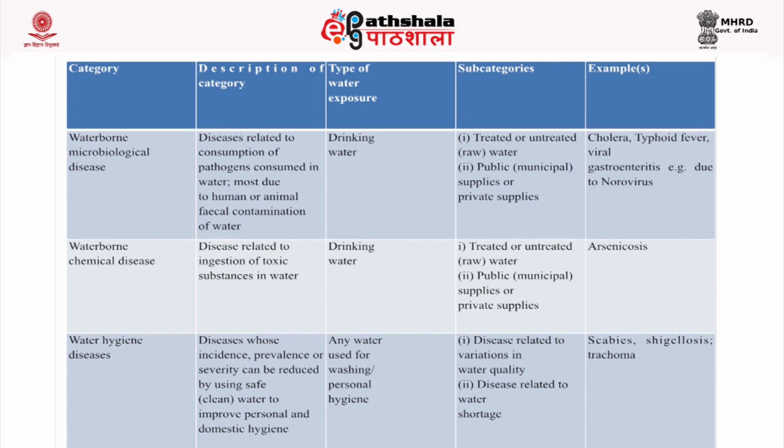The first category is waterborne microbial diseases. These diseases occur due to exposure to pathogens consumed in the water due to human or animal fecal contamination of the water, and exposure to this water is from drinking water in the form of treated or untreated water, or from public supplies or private supplies.